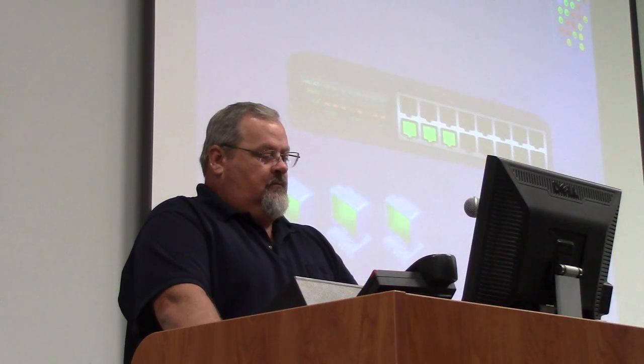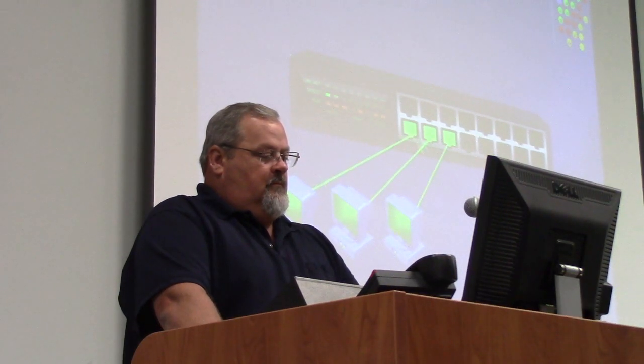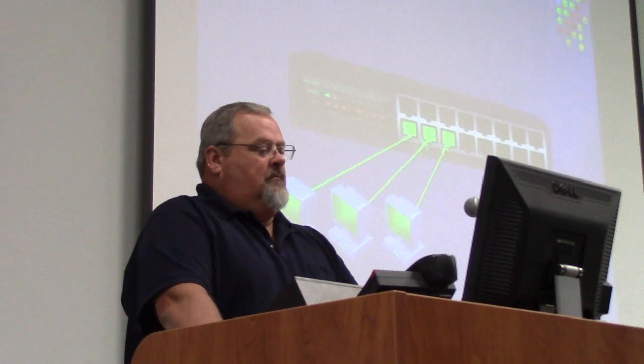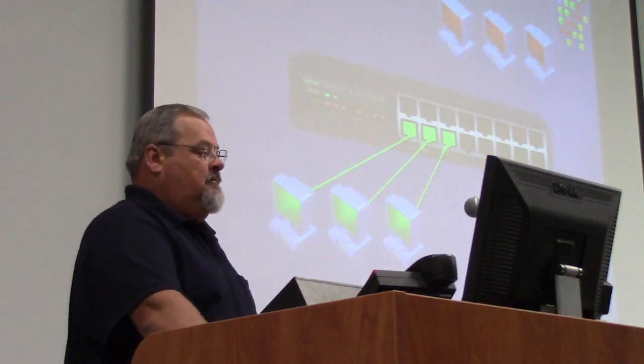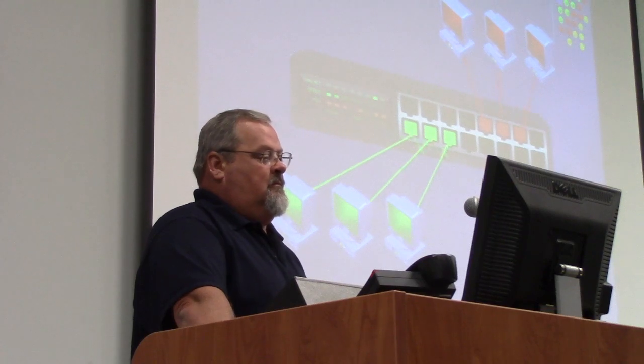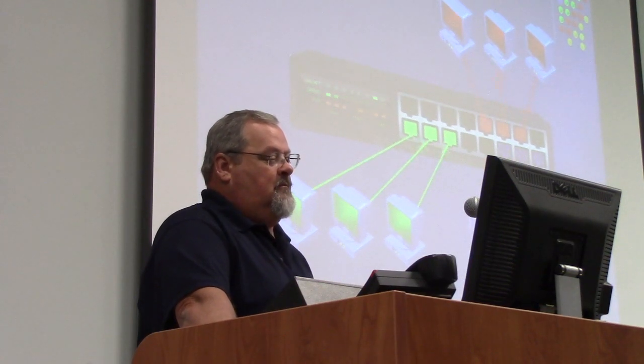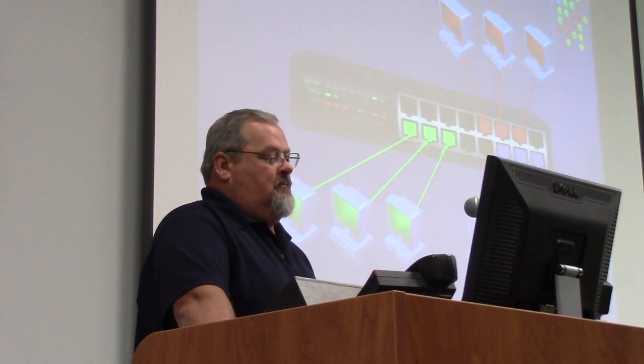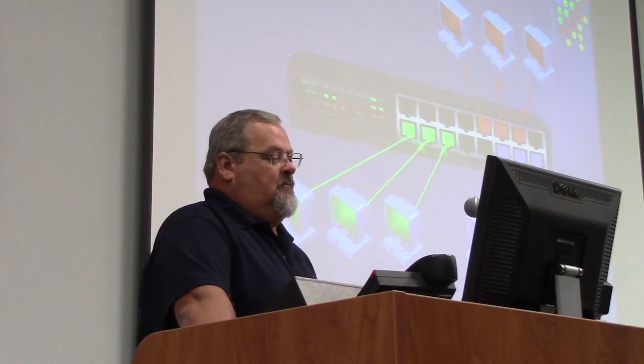So we'll plug all the computers that belong to the support department into those ports. Then we'll designate another set of ports on the switch and create another VLAN for the accounting department. And finally, we'll designate another set of ports on the switch for another VLAN for the shipping department. And as you can see, the network traffic is separated between the departments because of the VLANs.